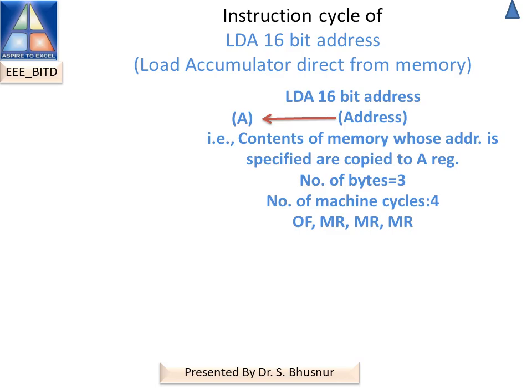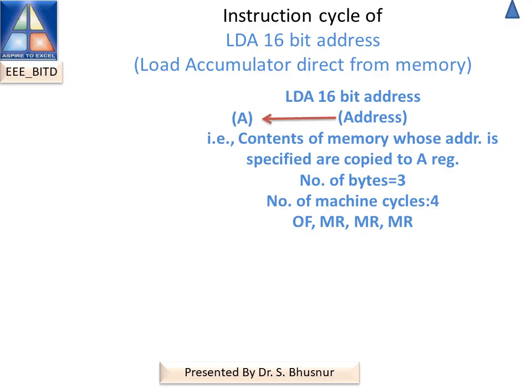In this particular instruction, the contents of the specified memory whose address is given in the instruction is copied to the accumulator register, or the A register. If you want to code the LDA instruction, it requires 3 bytes, and the number of machine cycles in this LDA instruction cycle is 4.